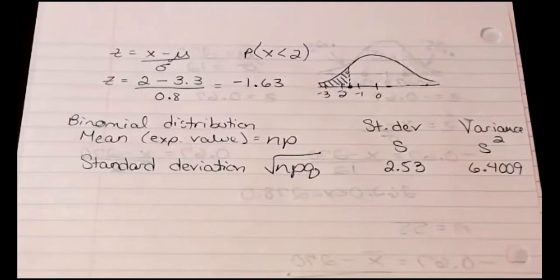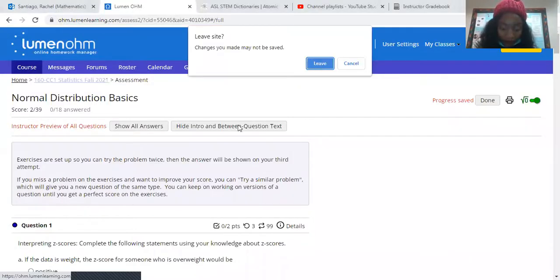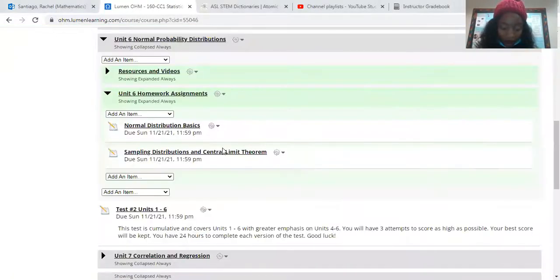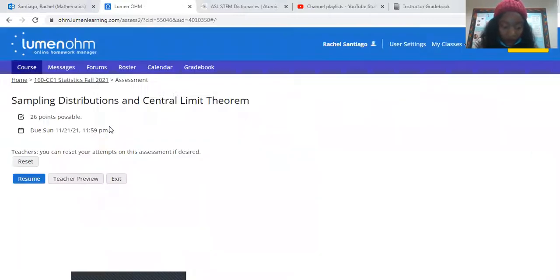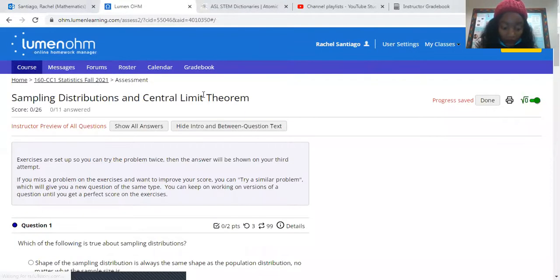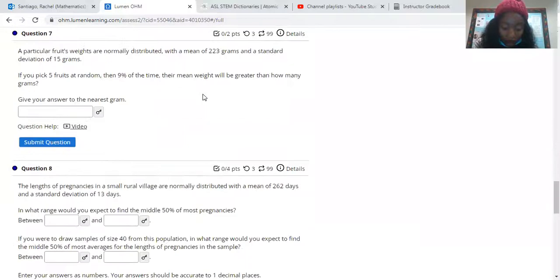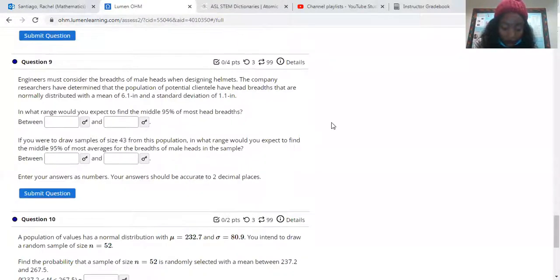Can you do 9 on the theorem one? Yes, 9 on the second homework assignment. Let's look at number 9 on sampling distributions, central limit theorem. Engineers must consider the breadths of male heads when designing helmets.